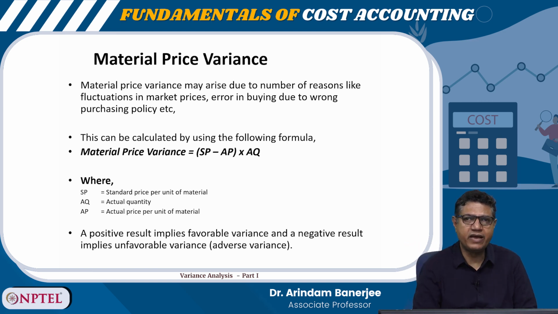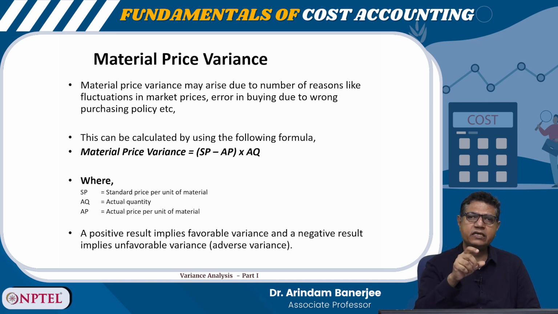So material price variance may arise due to a number of reasons like fluctuations in market prices, error in buying due to wrong purchasing policy, etc. This can be calculated as standard price, SP, minus actual price, AP, into actual quantity, right? So it will give me the material price variance.